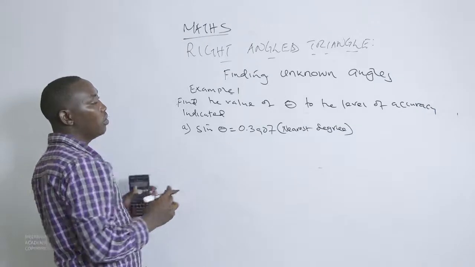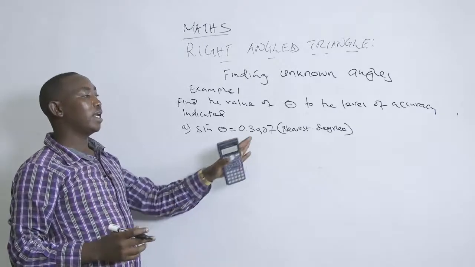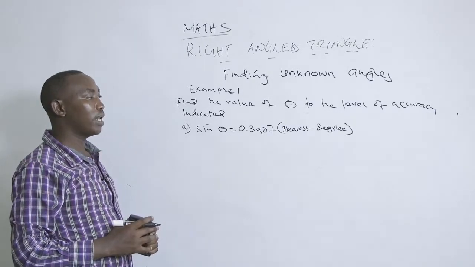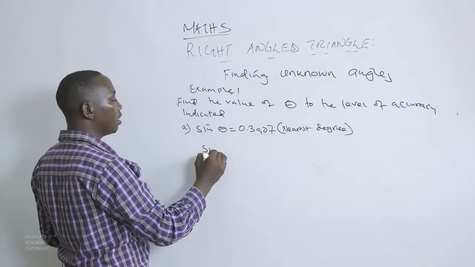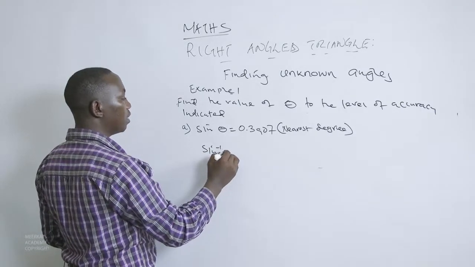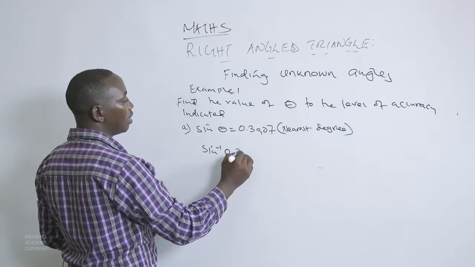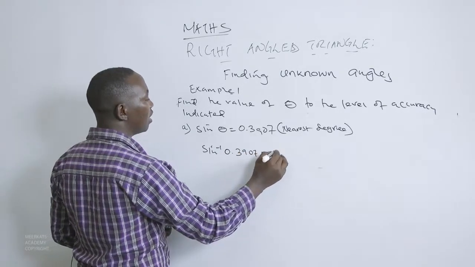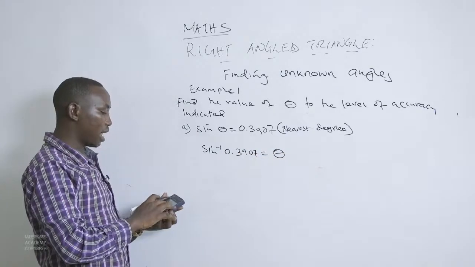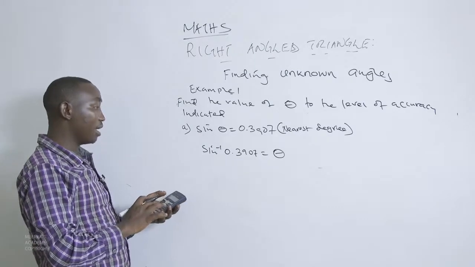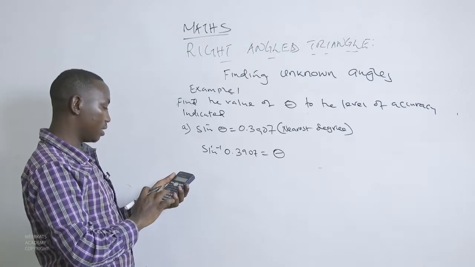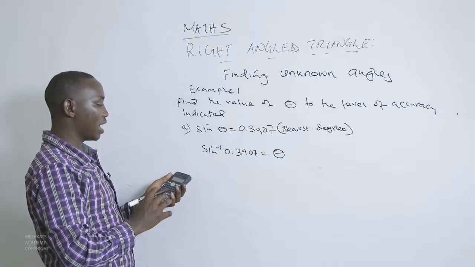So what you need to do, we need to get the sine inverse of that 0.3907 to give us the angle theta. So again, you press the sine inverse of 0.3907 from the calculator.